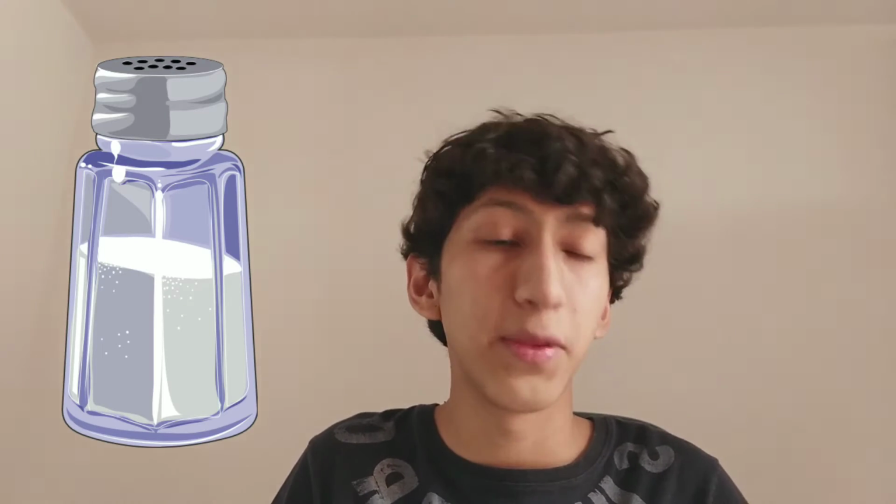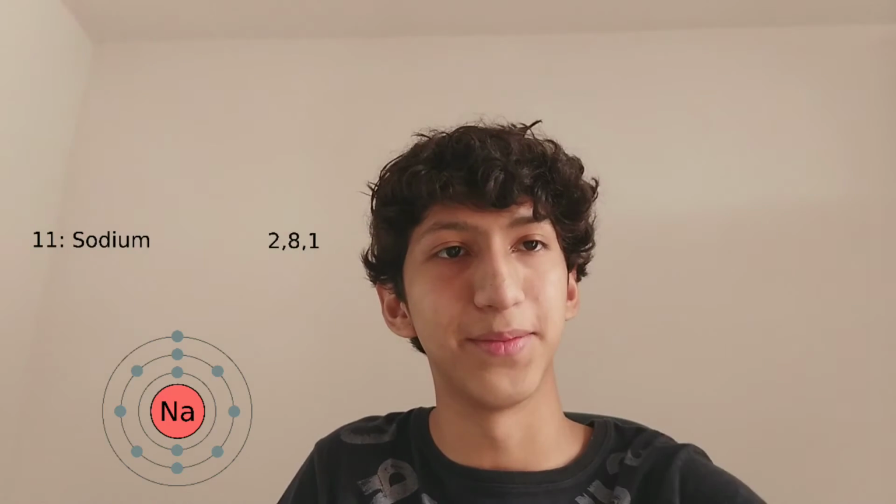But in order to understand it, first we have to know what atoms are. An atom is the smallest unit of matter that retains all of the chemical properties of an element. Atoms combine to form molecules, which then interact to form solids, liquids, and gases. An example of this is common salt. That one that we have in the kitchen is composed of atoms of chlorine and sodium.